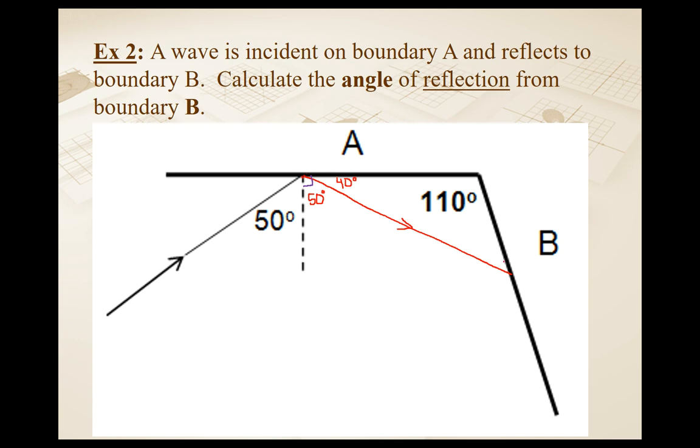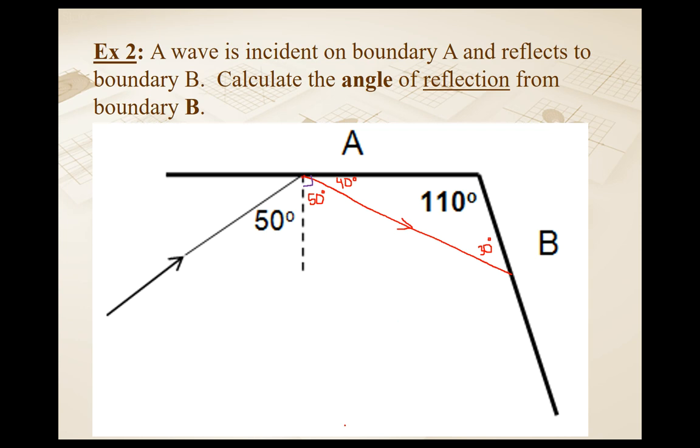Now, we have a triangle here that has an angle of 40, 110. And you should know that the sum of the interior angles in a triangle adds up to 180 degrees. So 40 plus 110 is 150. Therefore, this missing angle here would need to be 30 degrees.